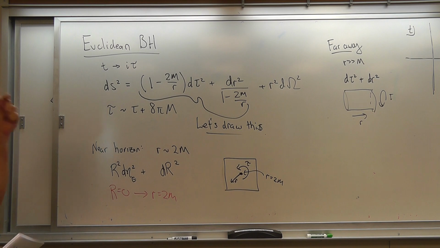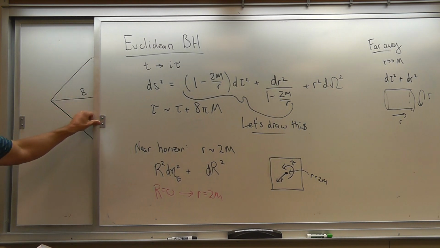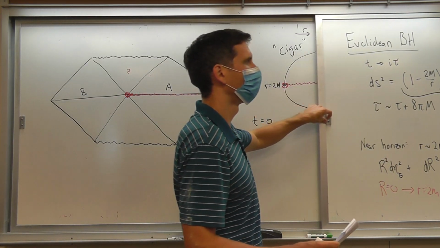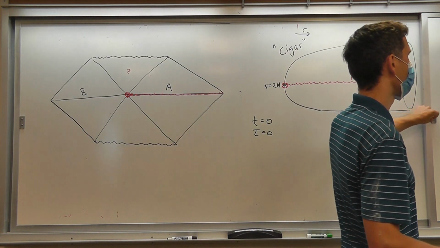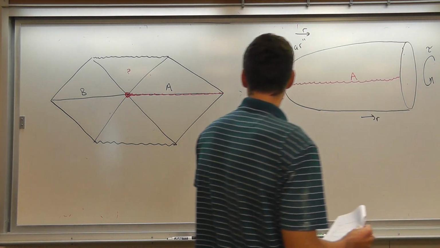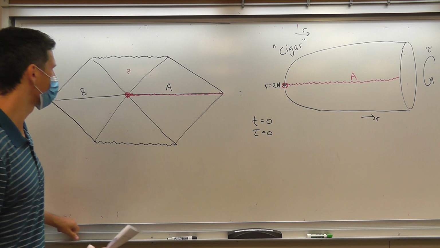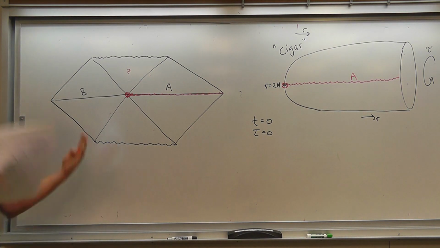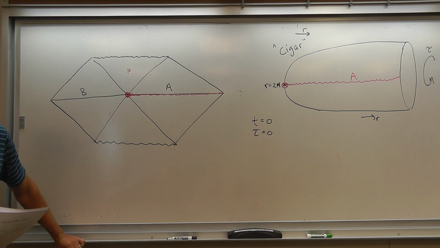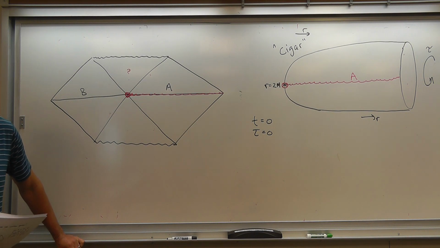The black hole doesn't have an interior in Euclidean signature, but isn't that just an artifact of the fact that we started in Schwarzschild coordinates instead of, like, Kruskal coordinates? No. We could have started with some other coordinates, like Kruskal coordinates, and then analytically continue a different coordinate to become imaginary.